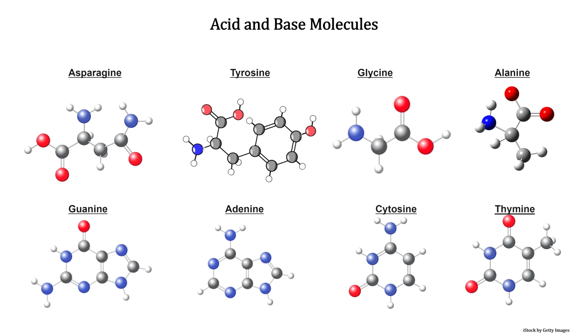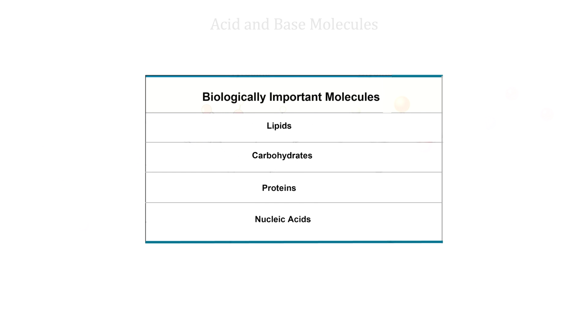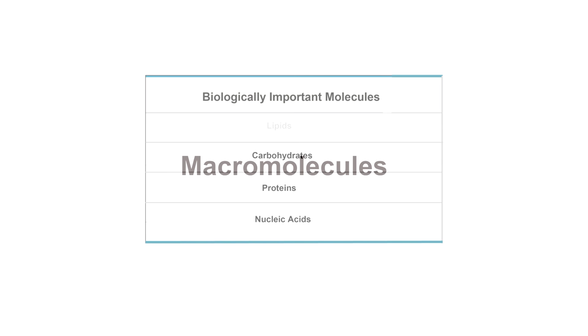The larger molecules that life depends on are built from combining smaller molecules like these acids and bases. There are 4 classes of large biologically important molecules: lipids, carbohydrates, proteins, and nucleic acids. The last 3 of these can grow into large, complex macromolecules, so we'll focus on them.